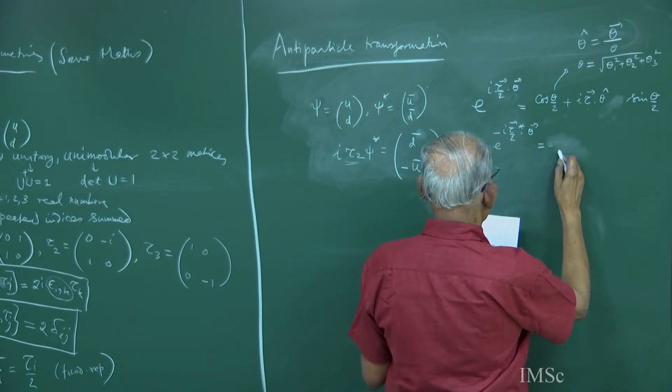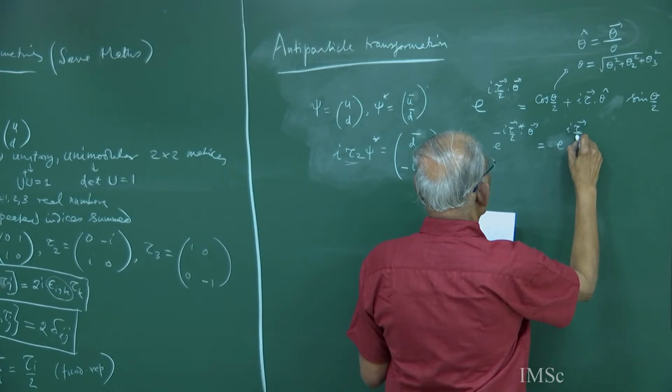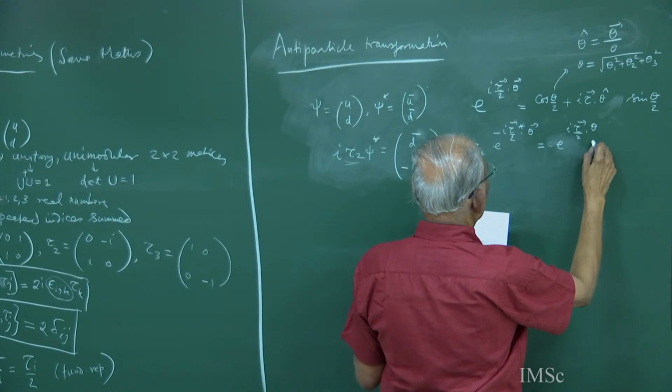I will simply write down the result. This is equal to exponential of plus i tau by 2 dot theta into tau 2.